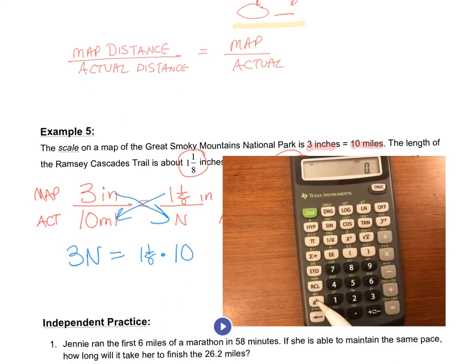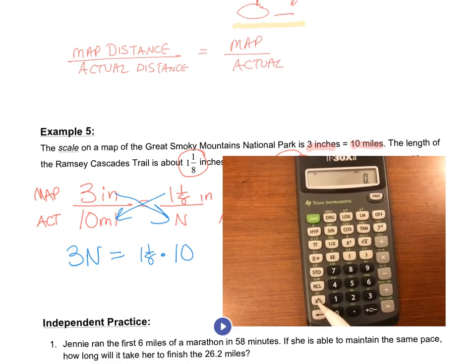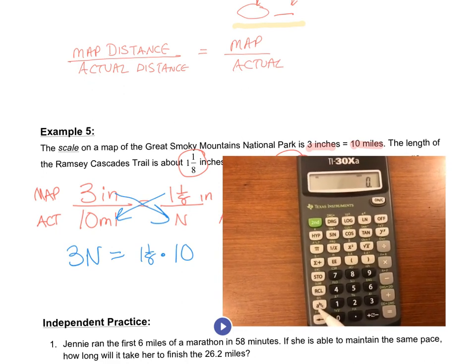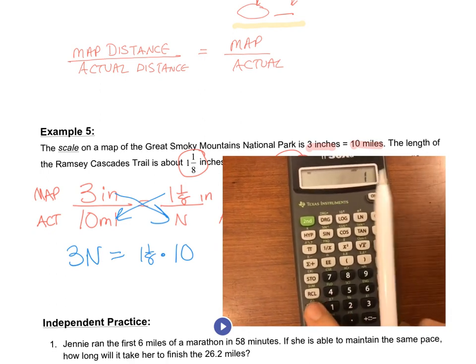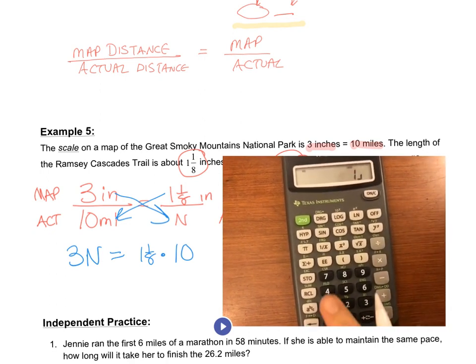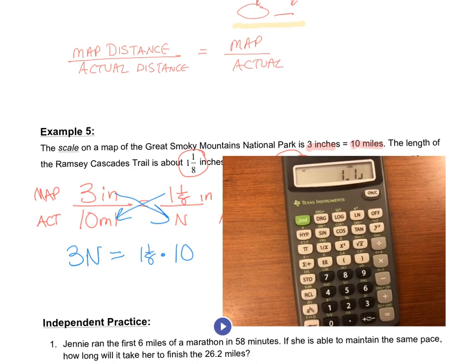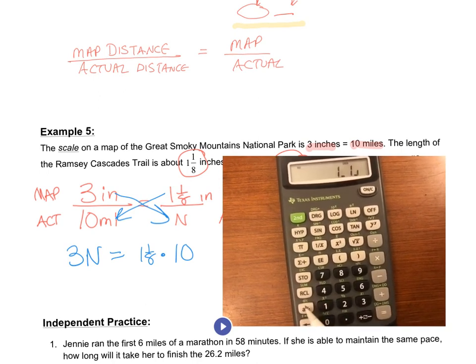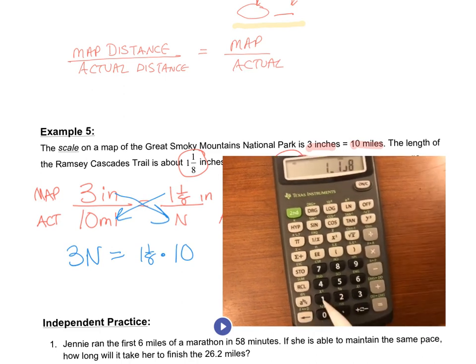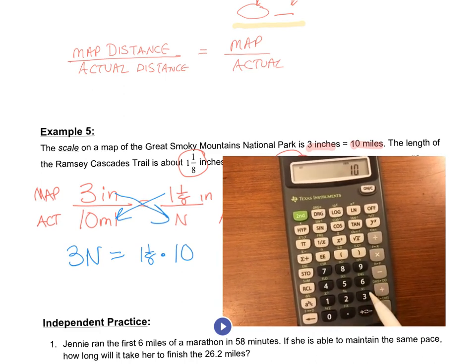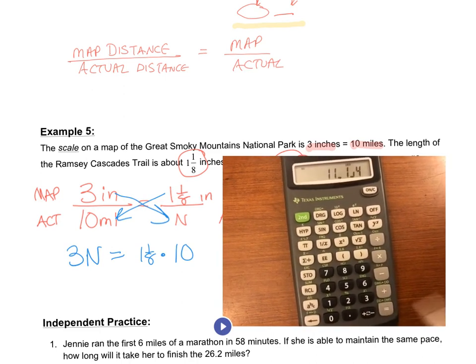So if we want to multiply the 1 1/8 times 10, you would see here, this ABC button represents writing fractions. So if you're going to do 1 1/8 multiplied by 10, you would do 1 and 1 over 8 multiplied by 10 equals 11 and 1/4.